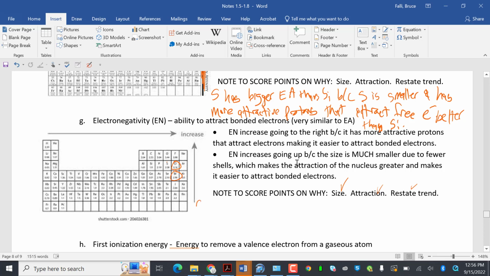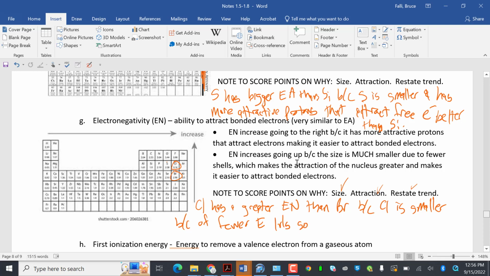So if I told you that chlorine has a greater electronegativity than bromine because Cl is smaller because of fewer energy levels, so it is more attractive.